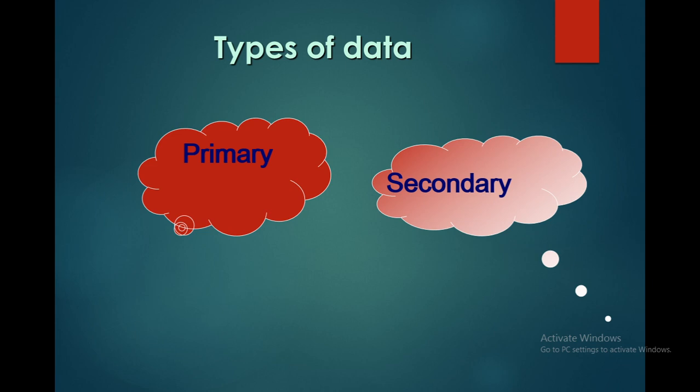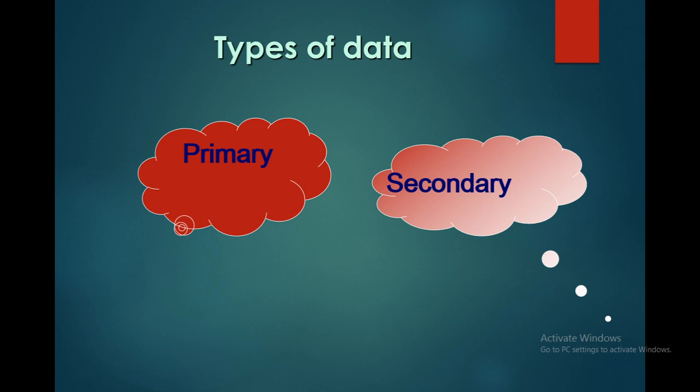There are basically two types of data. One is primary data and the other is secondary data. Primary data is basically the data we collect by ourselves for the purpose of our study, while secondary data is obtained from articles or from other published books.